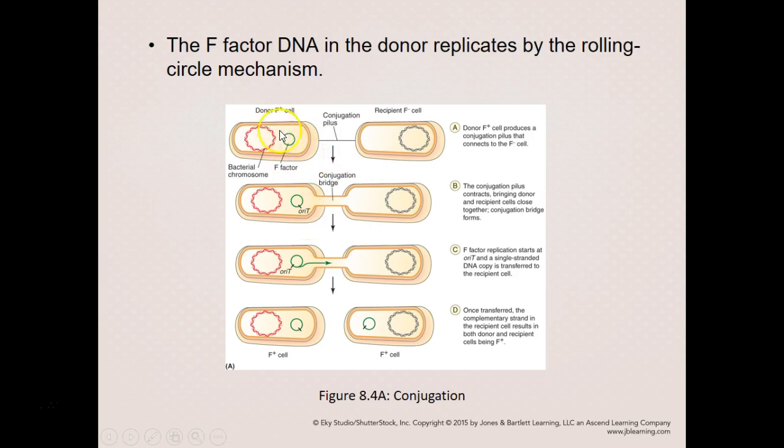So it transcribes and translates that sex pilus and produces it. The plasmid then undergoes replication, and one of the plasmids moves across the sex pilus into the F minus cell. And at the end, we have two F plus cells.